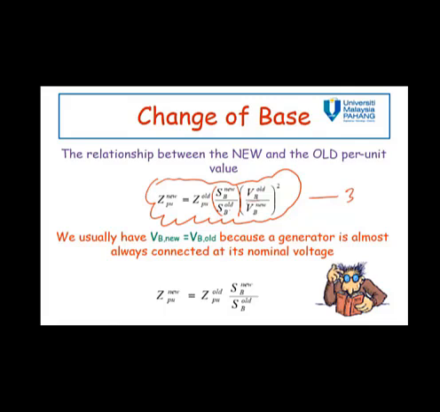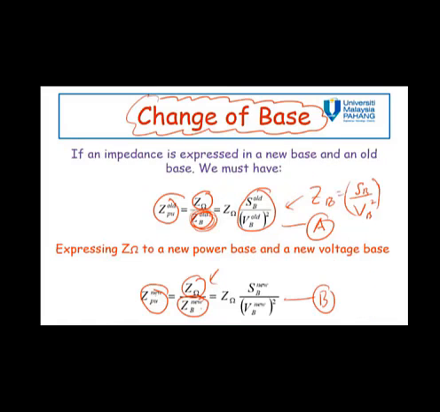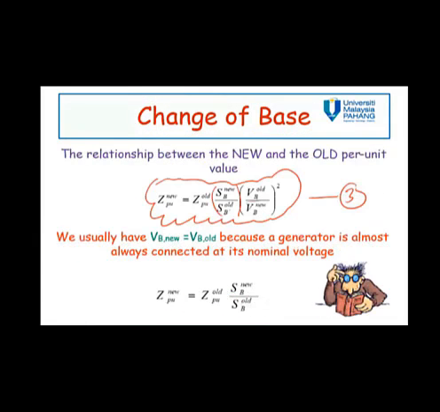We get this equation from solving the two equations, where Z in ohms is the same in both. I didn't go through this one, but if you solve it, you will definitely get this equation. So what you have to know is how to convert the old per unit value into the new per unit value by using this equation.